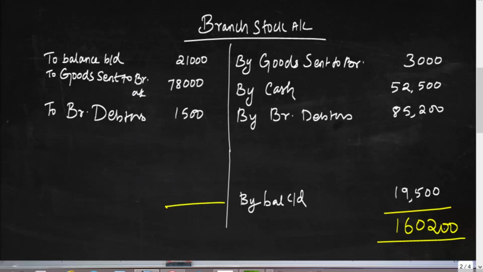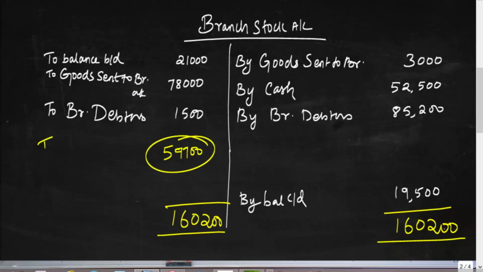So let's write on both sides, 1,60,200. It means on the debit side we have a difference, and that difference works out to 59,700. It means this should be transferred to branch P&L account. So to branch P&L account is 59,700.